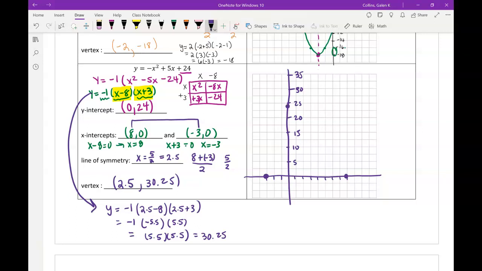And we said our vertex is at 2.5 comma like 30.25. I'm just going to say that's about here. And then I'm going to kind of estimate my mirror point out there. And then I'm just going to do my best to draw this parabola. It's not great. All right, that's it.